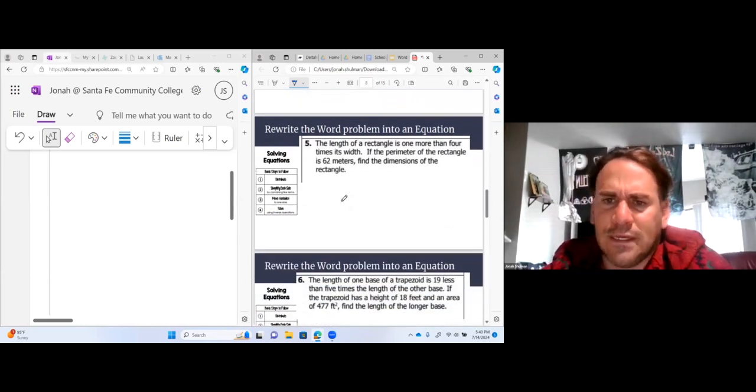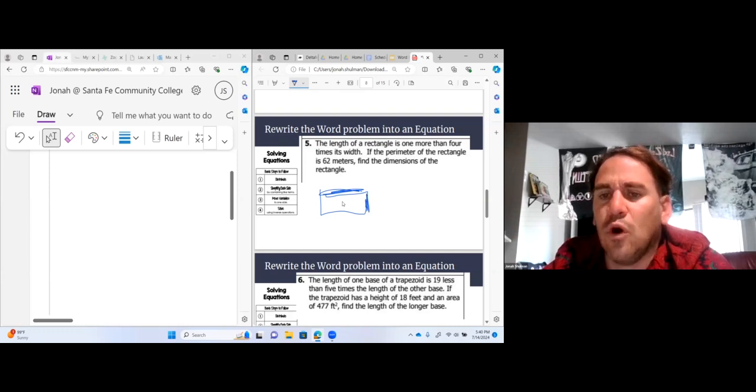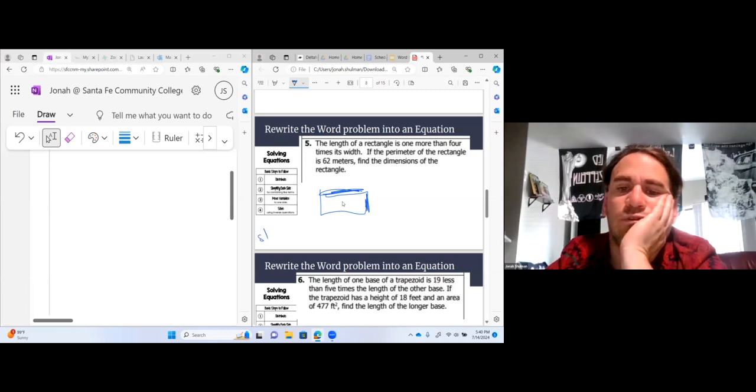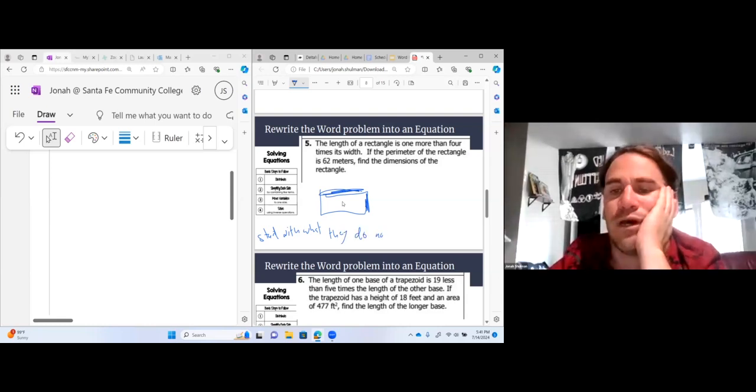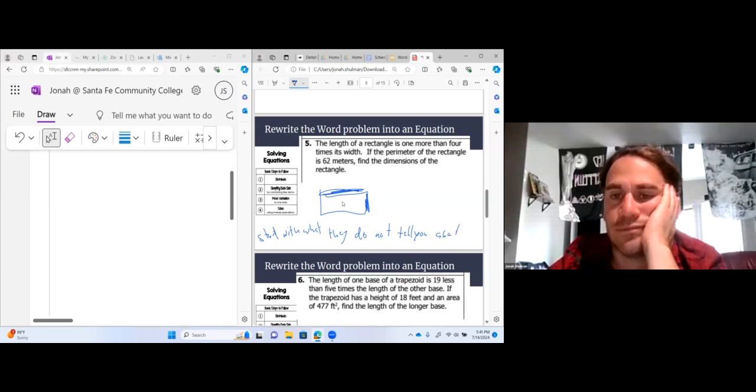The length of a rectangle. So I draw the picture. The length of a rectangle is one more. So this is our length. And that's going to be our width. So you always start with what you don't know about, what they do not tell you about.